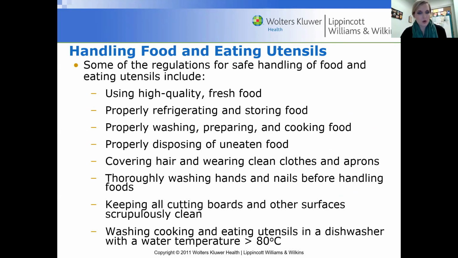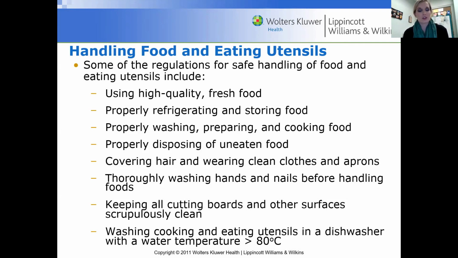Properly refrigerating and storing, properly washing, prepping, and cooking the food, properly disposing of anything that's uneaten, making sure that we're covering hair and wearing clean clothes and aprons, thoroughly washing our hands and nails before handling food, but also after, so that, again, anything that could be in the food is not making its way elsewhere.